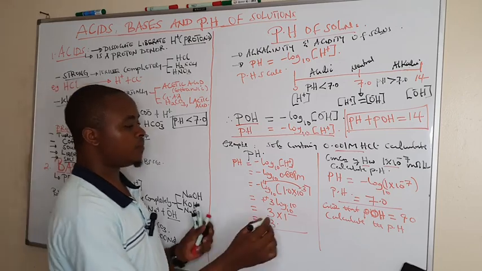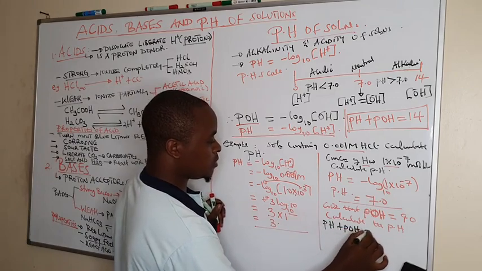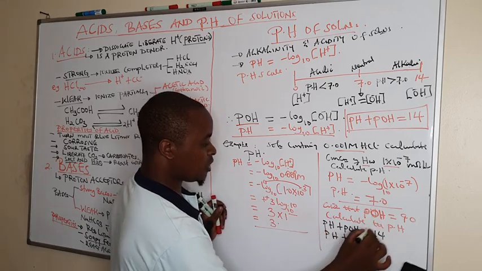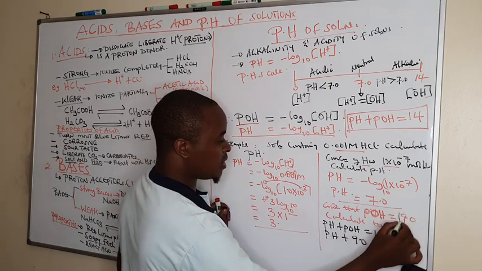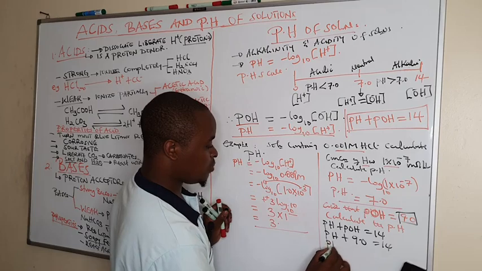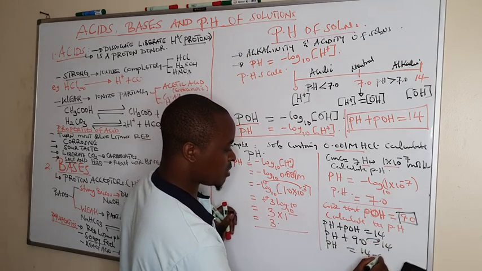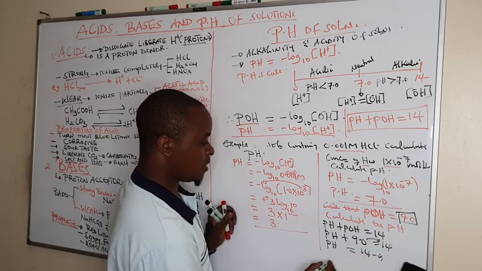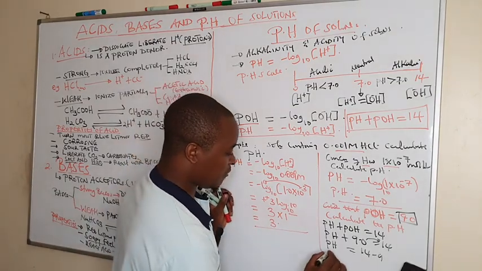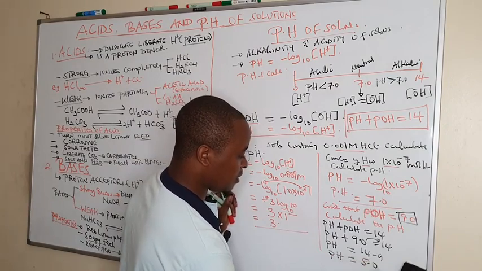From the formula, pH plus pOH is equal to 14. We have been given that pOH is 9, so pH plus 9 is equal to 14. This 9 I take to the other side, it becomes subtraction, 14 minus 9, and that is 5. So the pH of the solution becomes 5.